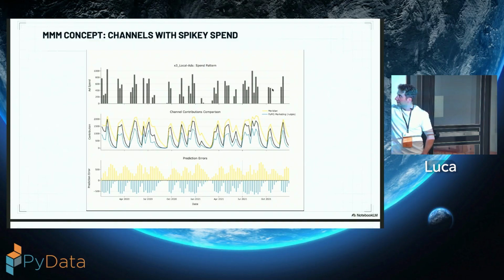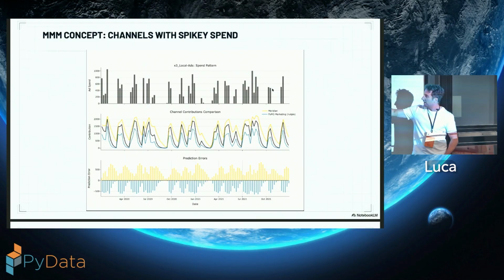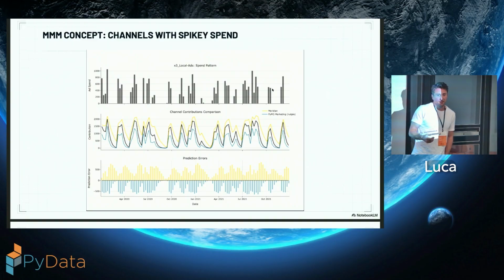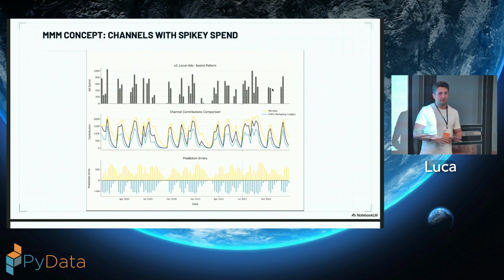But more interestingly, when there is a region of zero spend, like where I don't have the vertical bars, you can see that Meridian thinks there is actually a response. So why is that the case? How can I spend zero in marketing but still have a contribution from the marketing channels? That comes from the ad stock contributions, right?